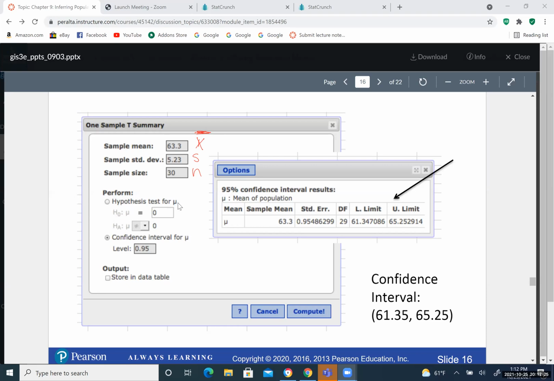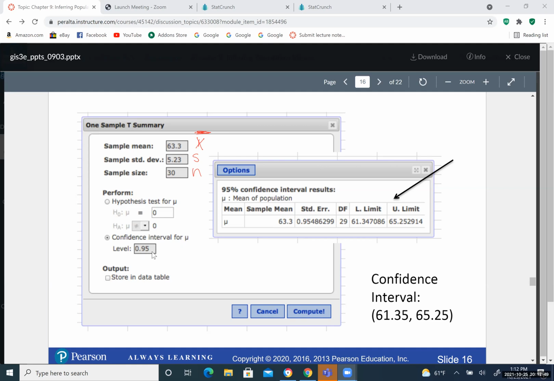For a hypothesis test, we're not going to do that for now, maybe in 9.4 and 9.5. If you did, you would click here and type in whatever mean mu they provided. But here we're talking about the confidence interval, so ignore that part. Then you check the level is 0.95.